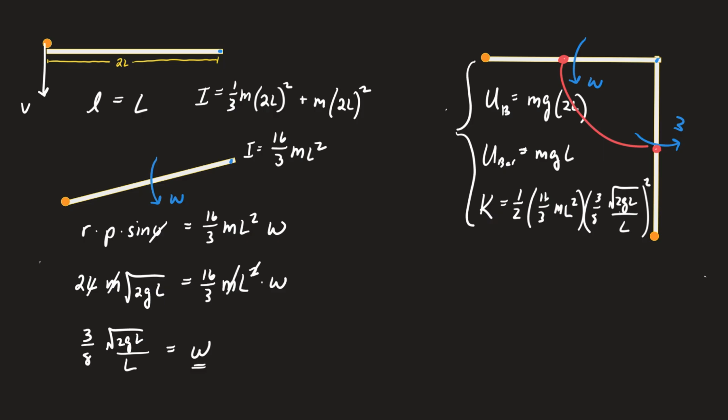So let's do some simplification. A little bit of algebra. I've got a 3. Well, I can't do that yet. Let's go ahead and square. I think if I square it, I can at least remove the radical. So 1/2 times 16/3 mL squared times 9/64 times 2gL over L squared.